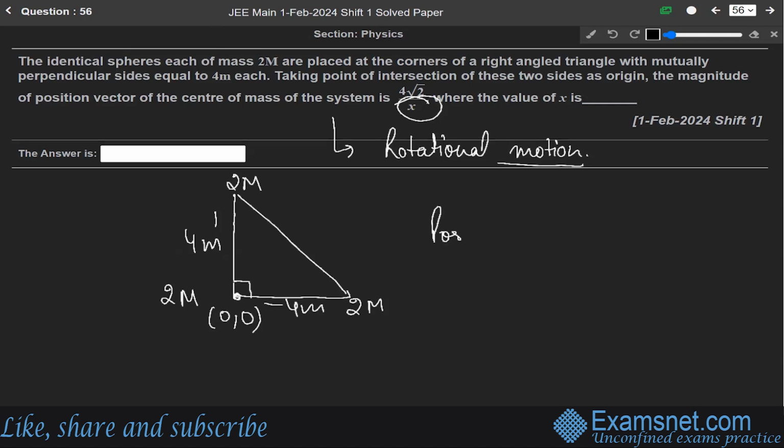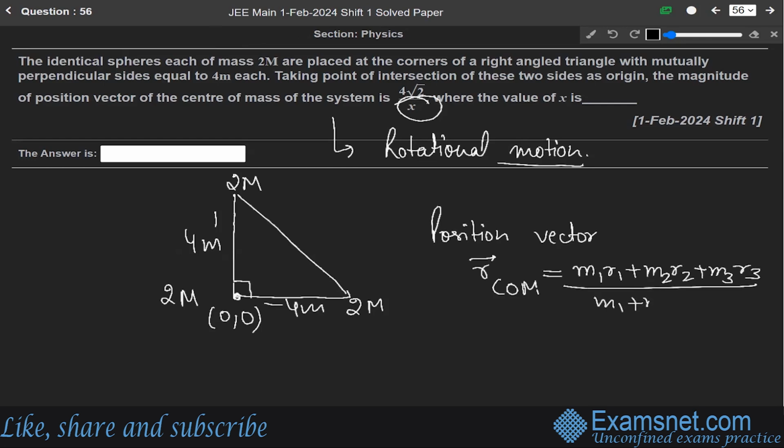So the position vector magnitude will be, this is a very simple question. Just apply the formula. It's R center of mass, COM. We all know its formula: M1R1 plus M2R2 plus M3R3 over M1 plus M2 plus M3.